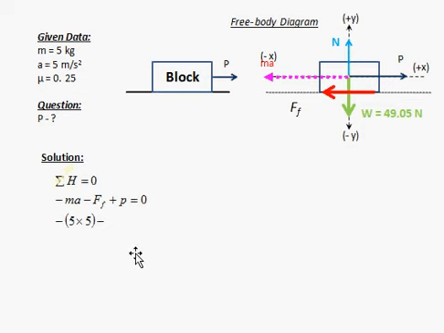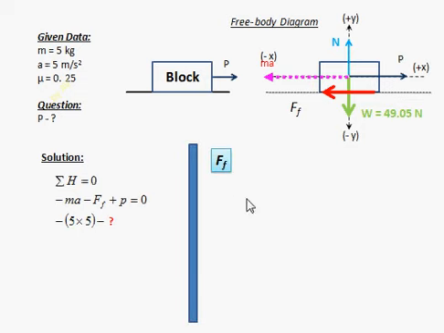And next, what about the frictional force? We don't know right now, so we have to calculate the frictional force. According to the definition, the coefficient of friction can be written as the ratio of frictional force to the normal force. That's how I have written it here.